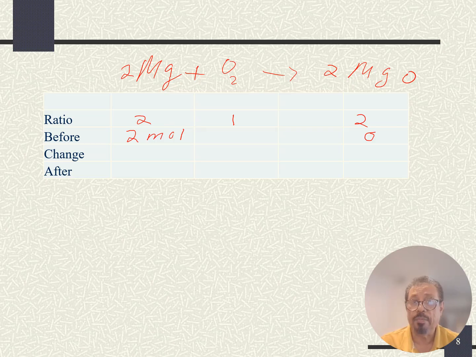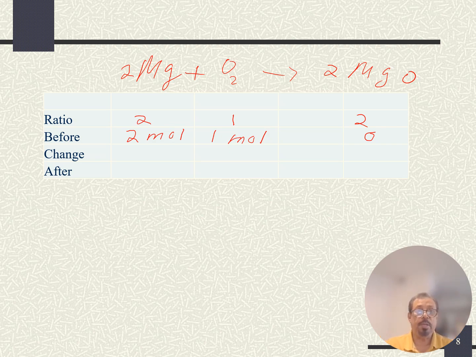We need half, so we need 1 mole of oxygen, and because the ratio is 2 to 2, we are expecting the same. So as we see here, the ratio is the same. I want you to pay attention to the ratio. This is the most important part of this lecture.